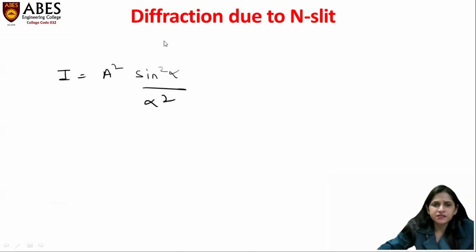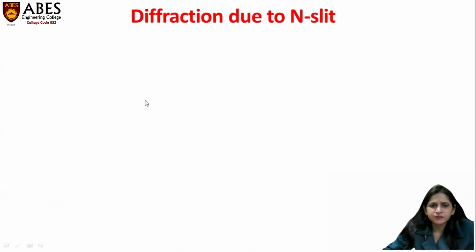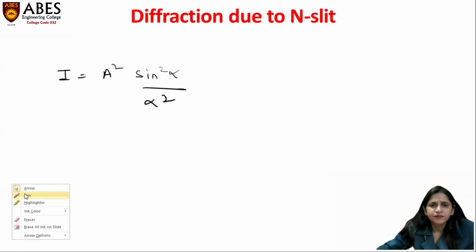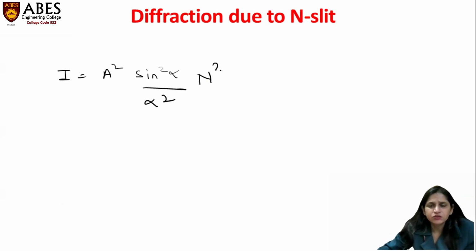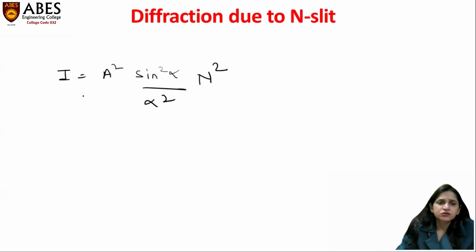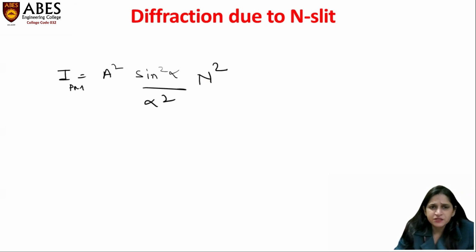So the intensity equation for the maxima will have n square. So in the case of n slit, the intensity of principal maxima is A square sine square alpha over alpha square into n square.